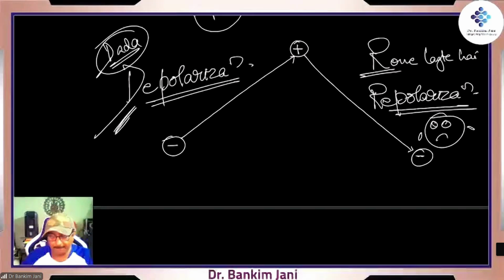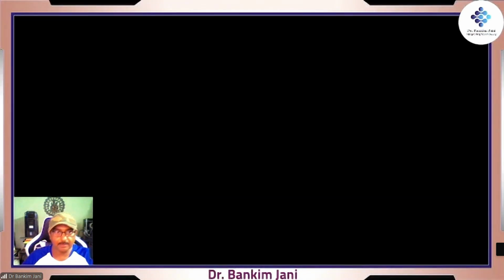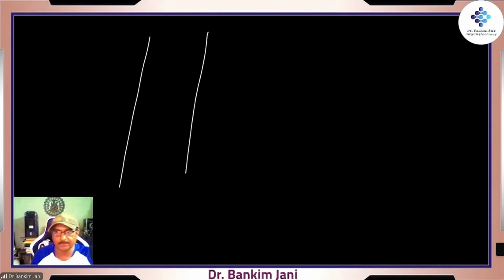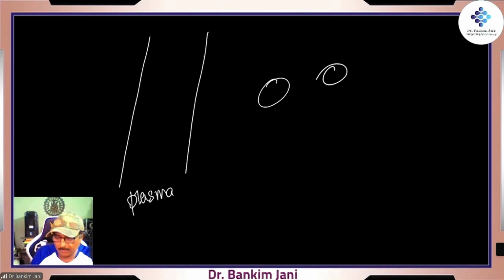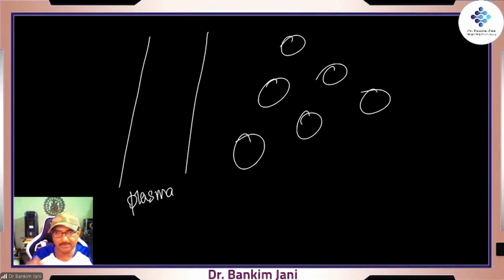Next is, now see this, this is blood, correct? So I would say this is plasma, right? Blood vessel. So this is plasma. Then let's draw a few cells, right? So these are the cells.